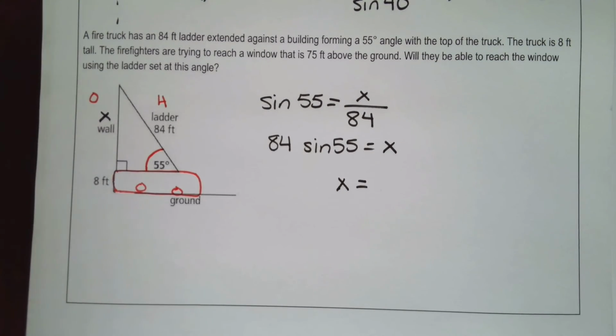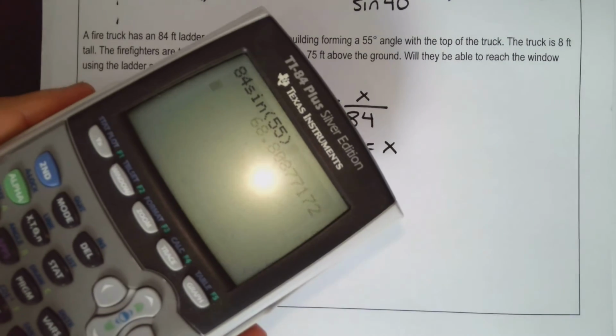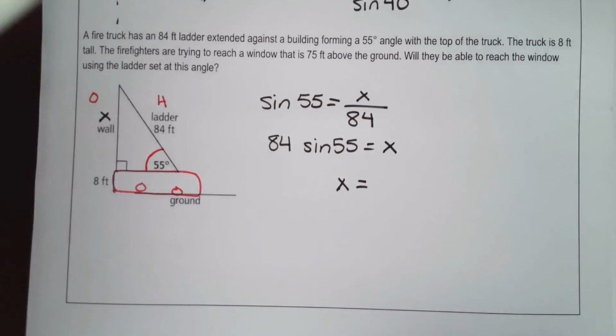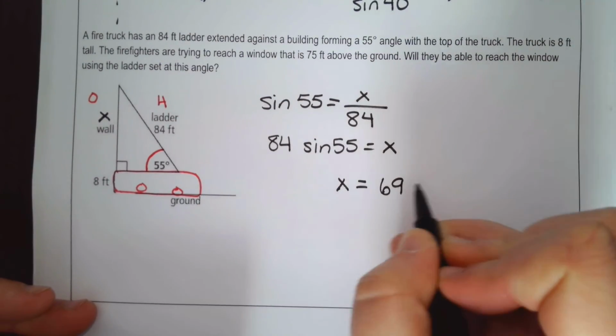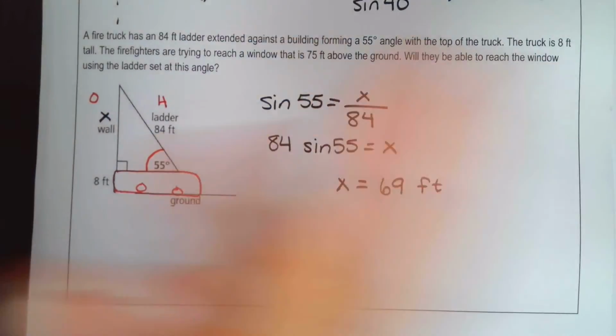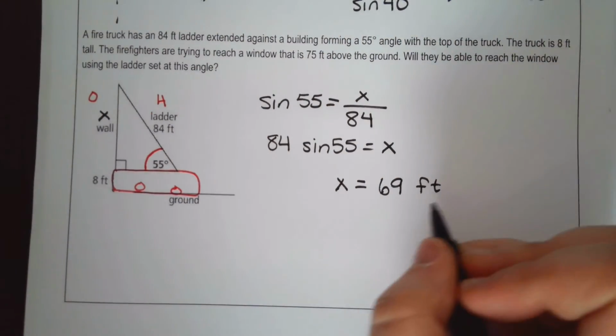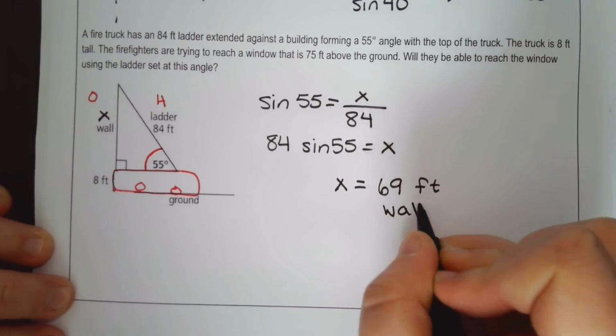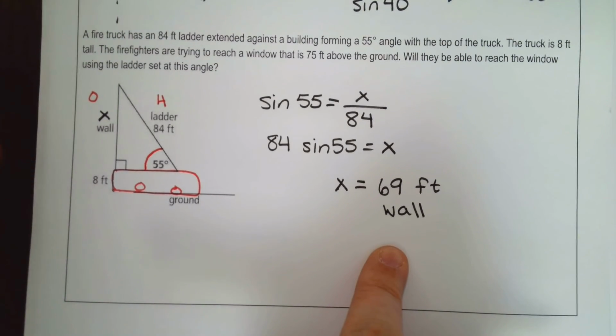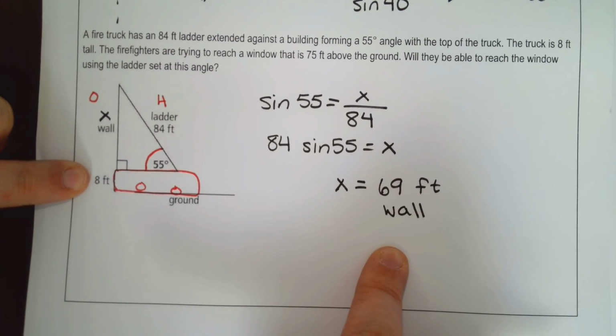And we get 84 sine 55, 68.8, so we're going to round that up to 69 feet. So that's what we get for the wall. Again, they are 8 feet off the ground.